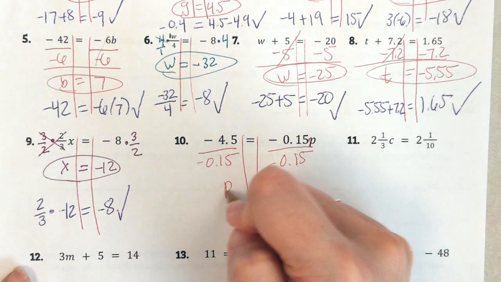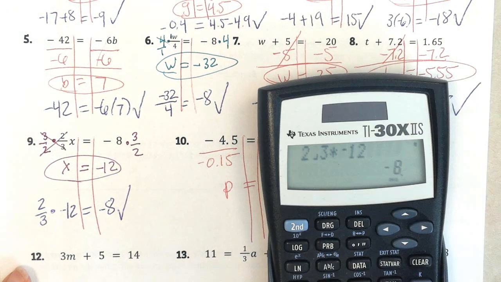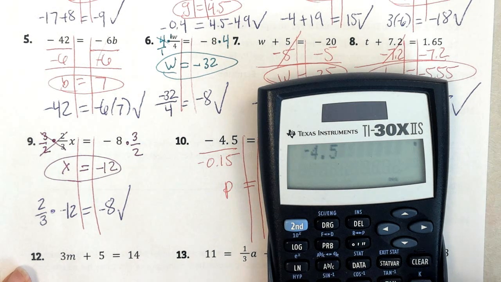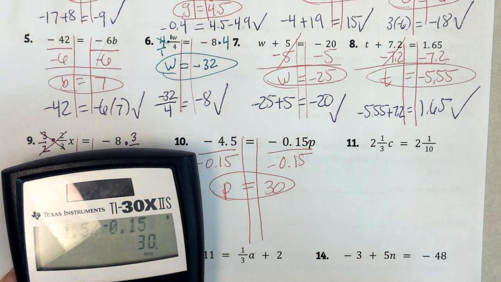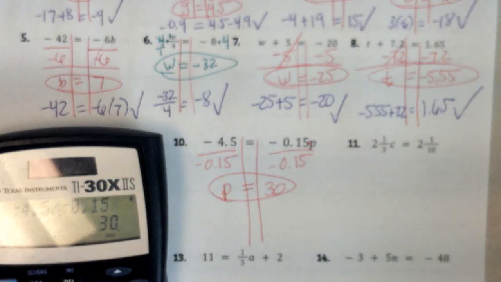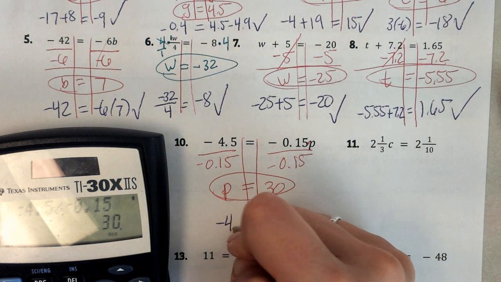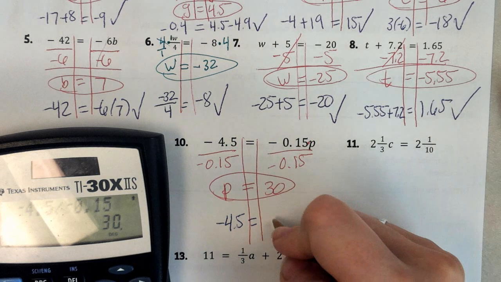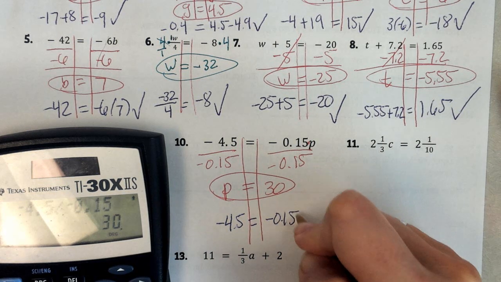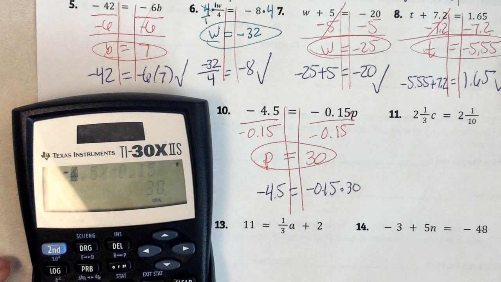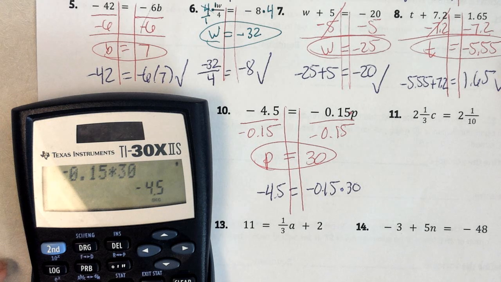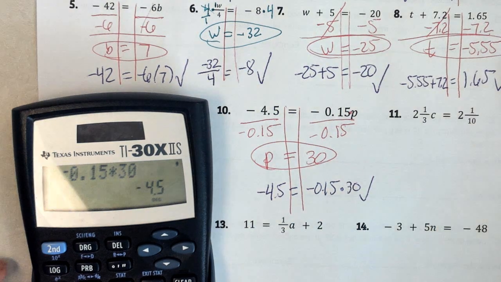And so when I do that, I get p is equal to negative 4.5 divided by negative 0.15, which would be 30. So when I go to check it, hopefully I get negative 4.5 when I do negative 0.15 times 30. So negative 0.15 times 30. And that does give me negative 4.5, so that one works.